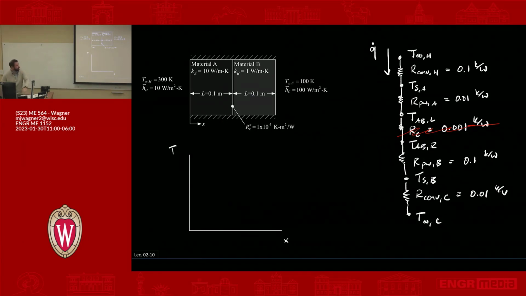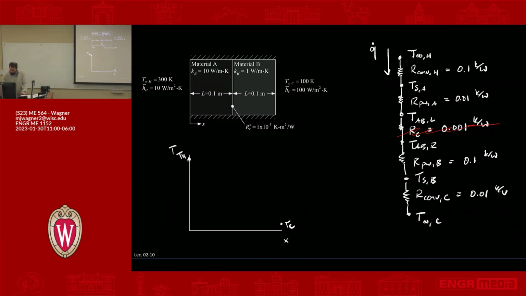And we can make the sketch corresponding to what we know about the magnitude of these resistances. The temperature drop across each resistance, of course, then corresponds to the value that we have here. So let's say we start off at TH, and we end up over here at TC. My job is to then come up with a relatively accurate sketch of what I think the temperature profile is going to look like.